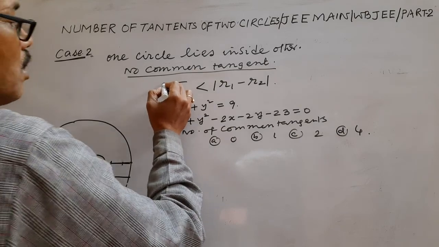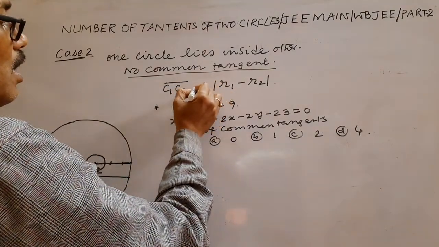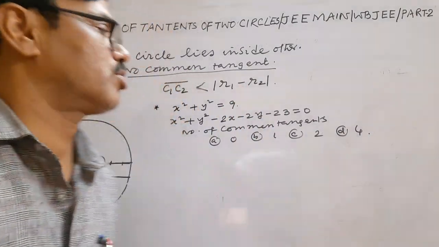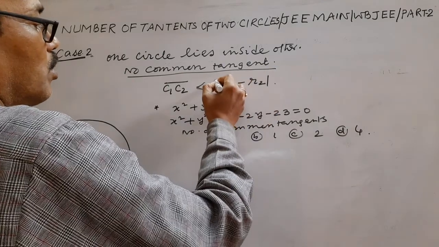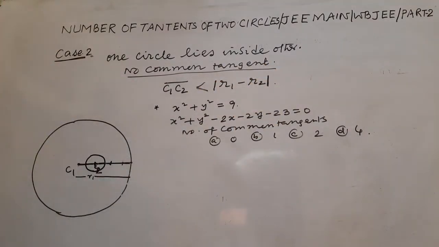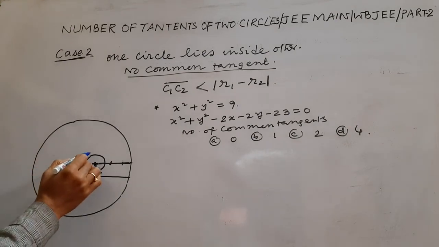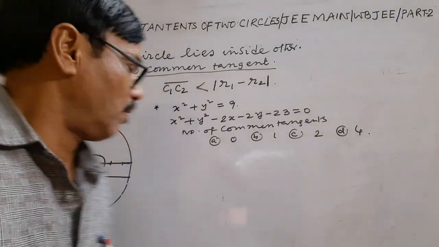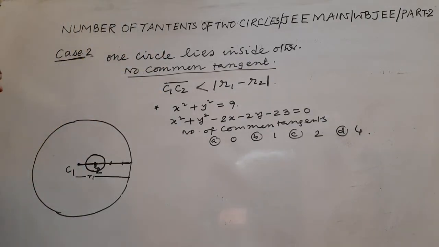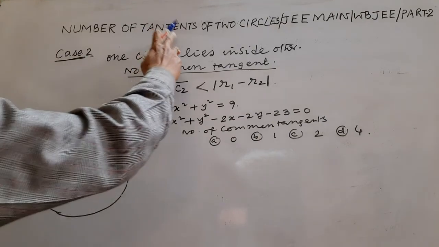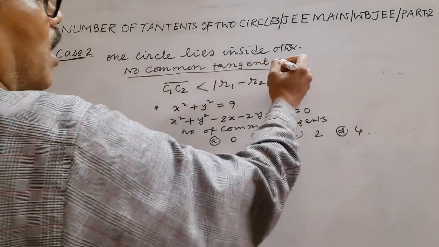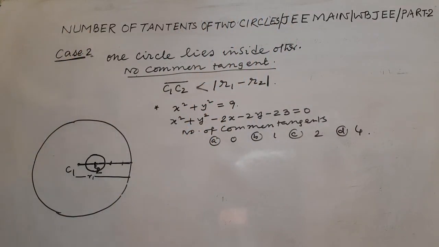So here obviously C1C2 is less than R1 minus R2, the difference of two radii. You can take the modulus. So obviously if this circle lies inside another circle, then no tangents can be drawn. So number of common tangents equals 0.